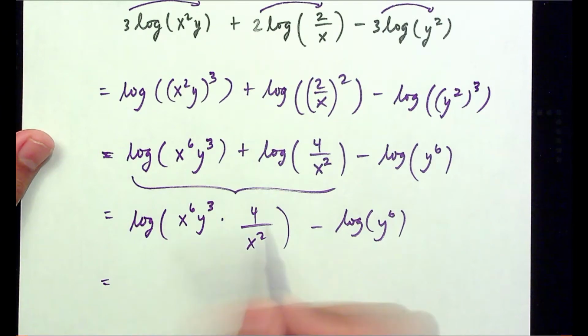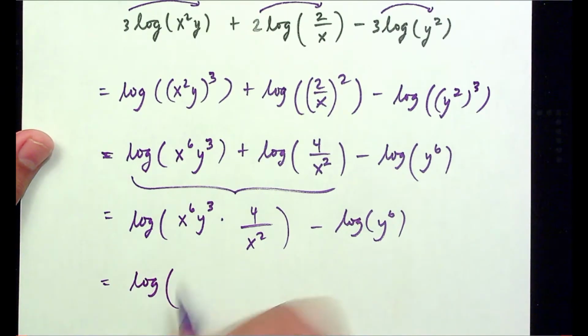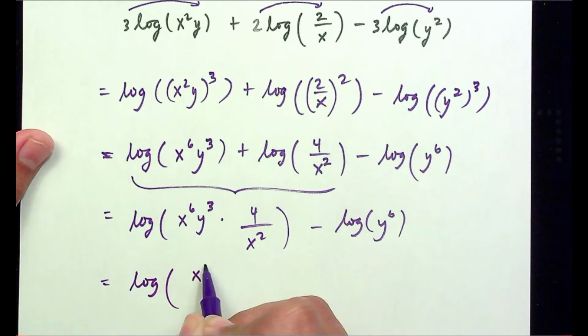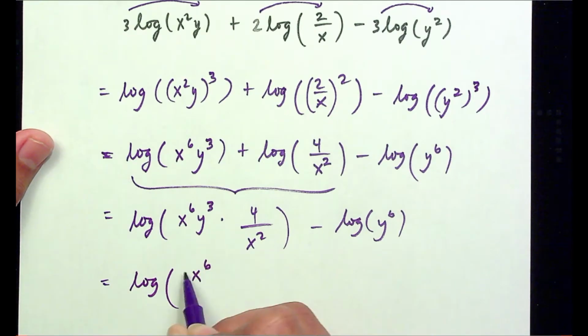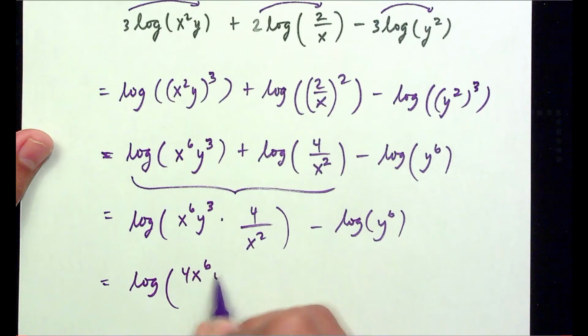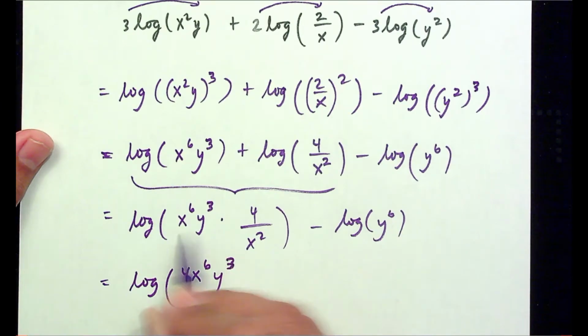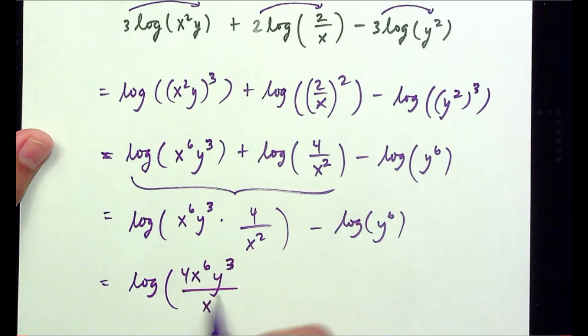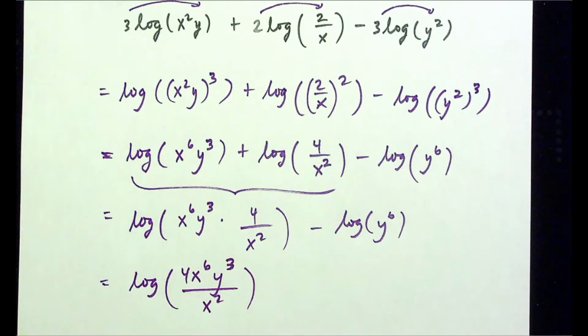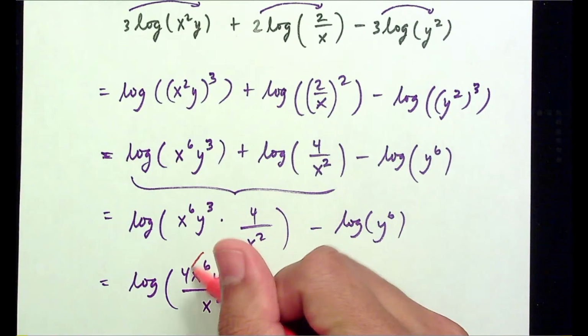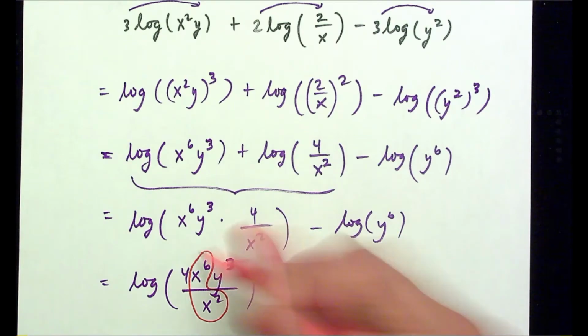Alright, and now what is this? Well, you can multiply across, and then you can combine or simplify. So this is going to be 4x to the 6th y cubed multiplying across over x squared. And we're going to need to simplify this, okay? Combine the x's. We're going to do that in the next step.